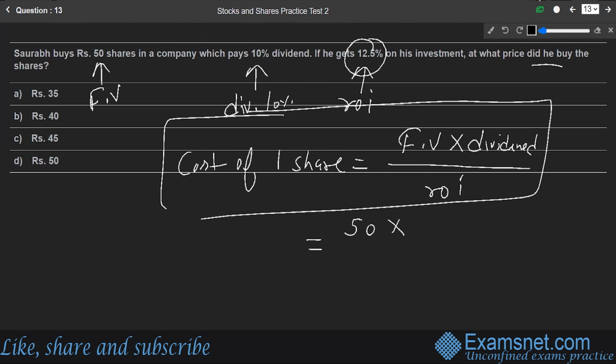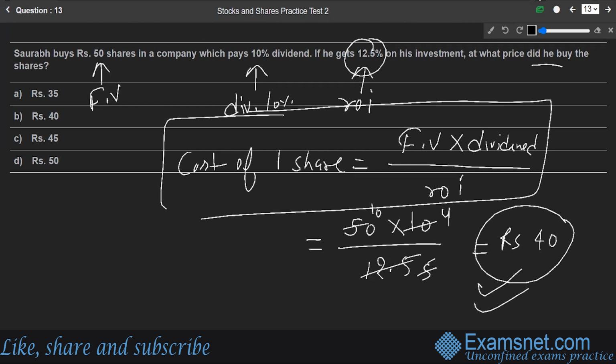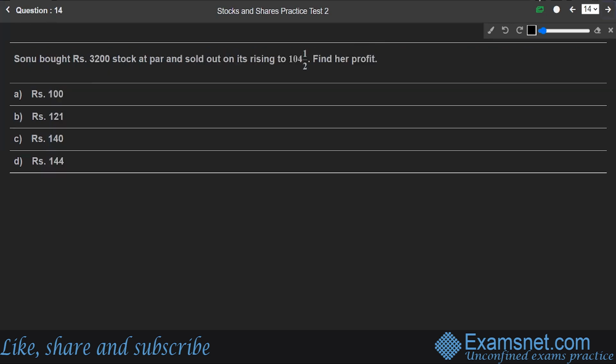So 50 into 10 divided by rate of interest, 12.5. If we calculate this further, 12.5 and 10, we can cut 2.5 by 4, 2.5 by 5, 5 cuts 50 by 10, so it becomes 10 into 4, that is rupees 40. So each share costs rupees 40. Option B becomes the right answer.